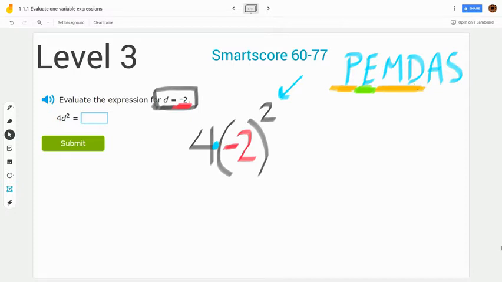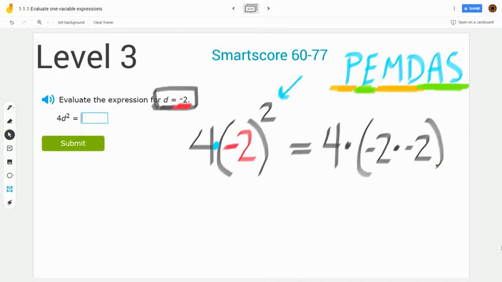This problem doesn't have it, but if it did, the last thing you do is add and subtract. So anyway, this is going to take 2 steps. First, the exponent. Remember, an exponent of 2 means multiply that number by itself twice. The 4 would stay, and this means negative 2 times another negative 2.